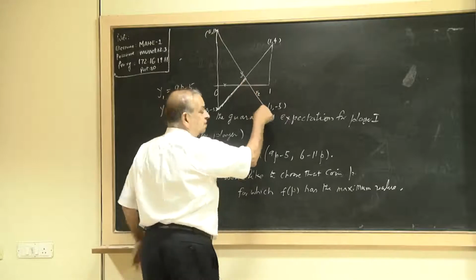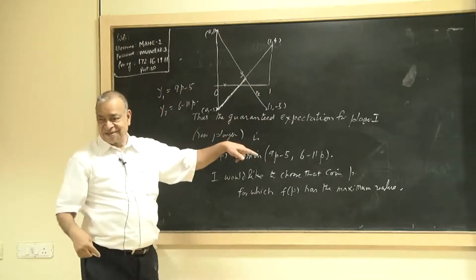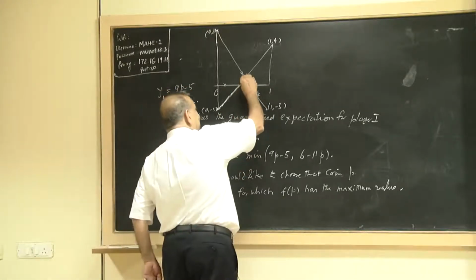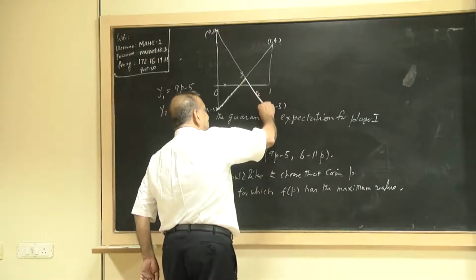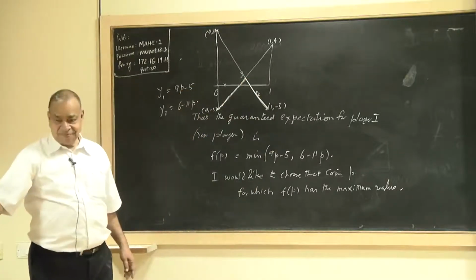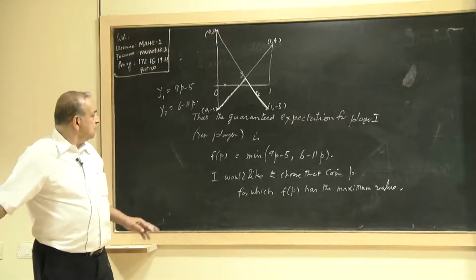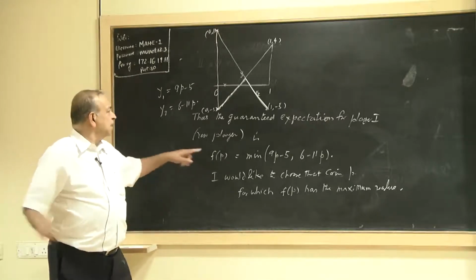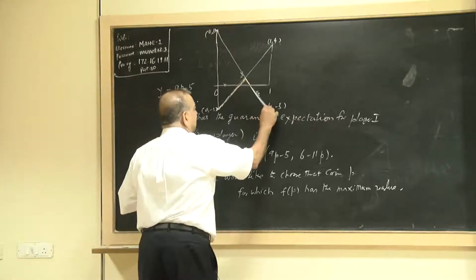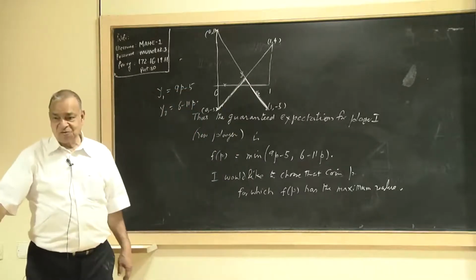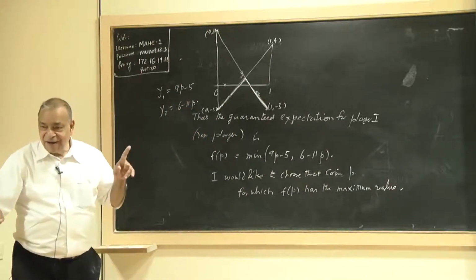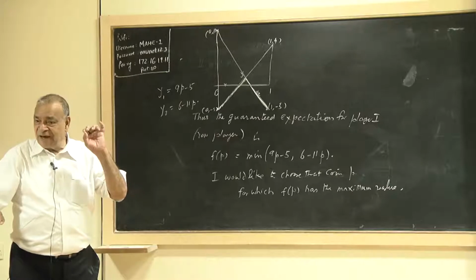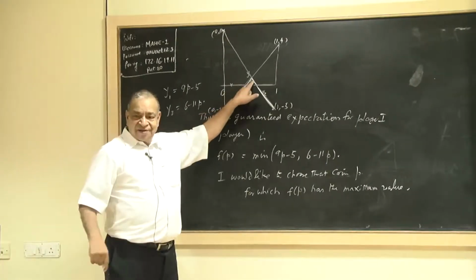Then after this, y2 is smaller, so it comes down like that. That is our function. So this function F(P) is this one. And what is its maximum value? At this point.